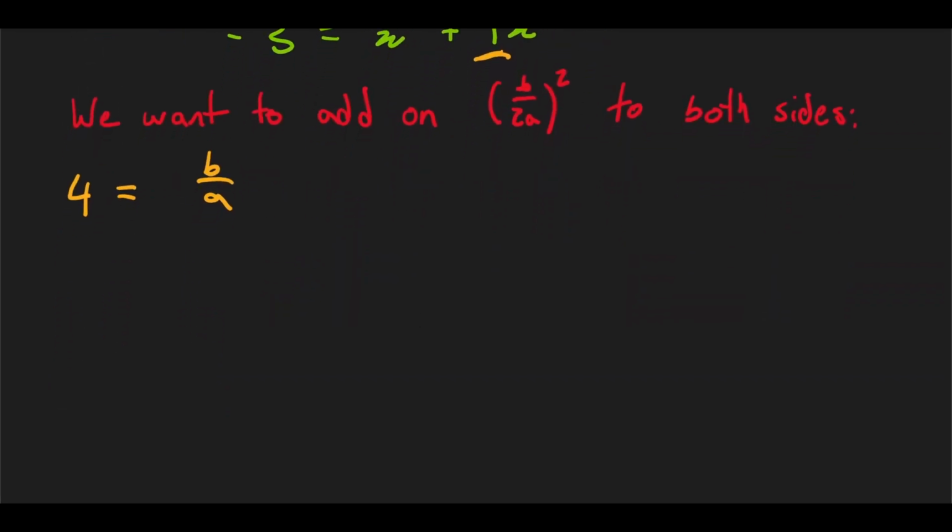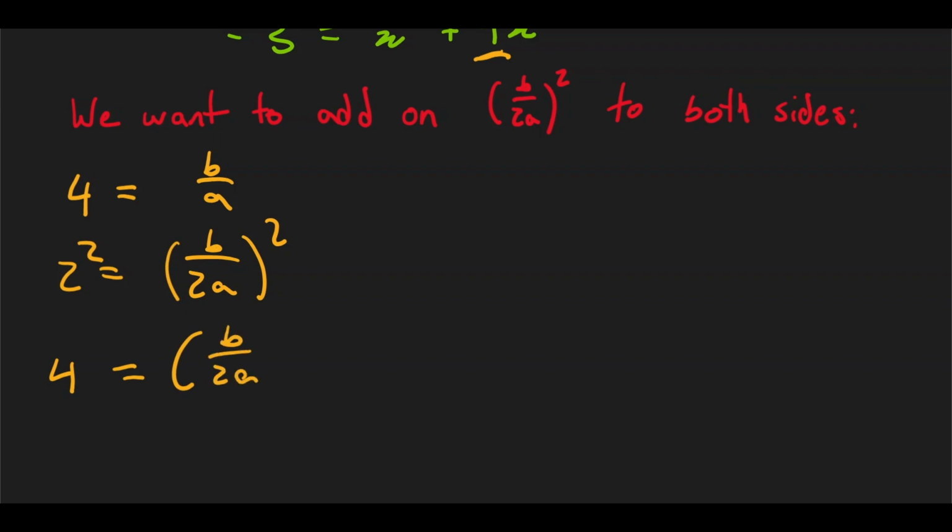So if we want b over 2a, we can divide everything by 2. And 4 divided by 2 is just 2. And so if we square everything, 4 equals b over 2a, squared, right? Which is what we want.